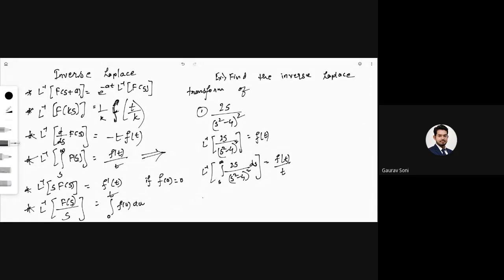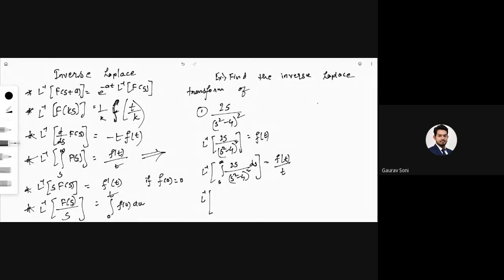So what is the integration? If you put s square minus 4 as t, so what we will have in the numerator, dt upon t square. As I said, s square minus 4 derivative is in the numerator.